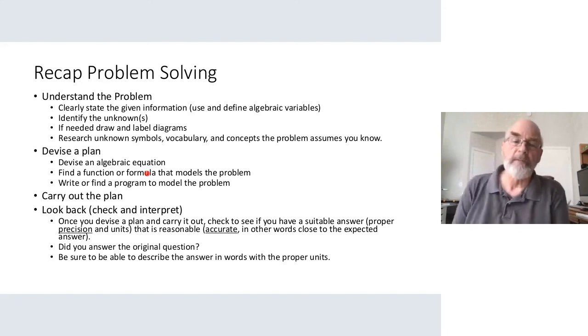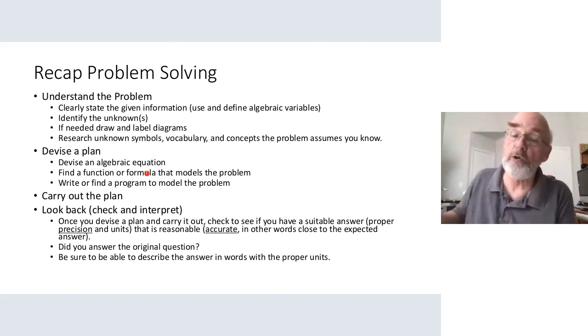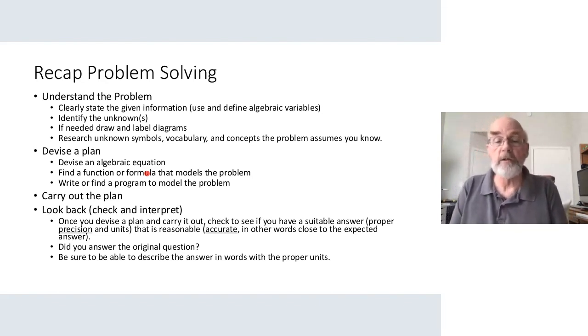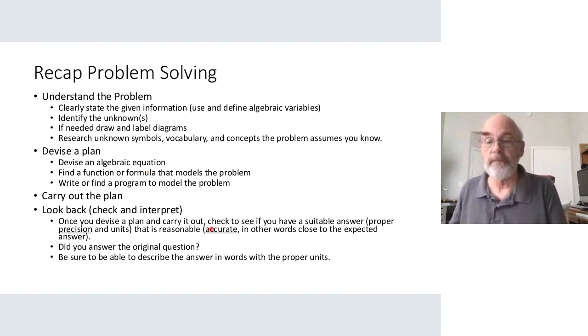So make sure that it makes sense. Did you answer the original question? Go back and make sure. Maybe there are 2 parts to the question. And finally, be sure to be able to describe the answer in words. The word problem starts in words. Your answer should end in words.